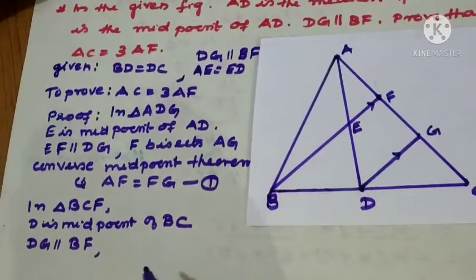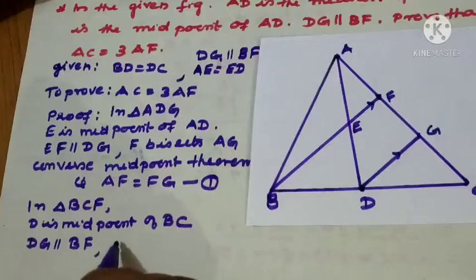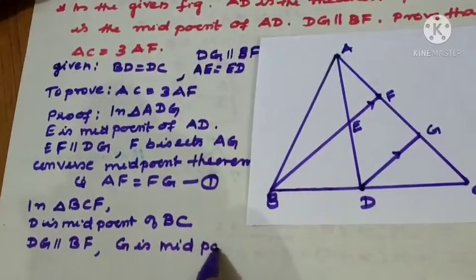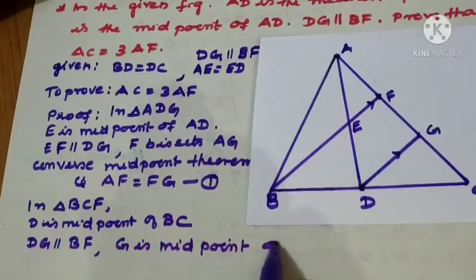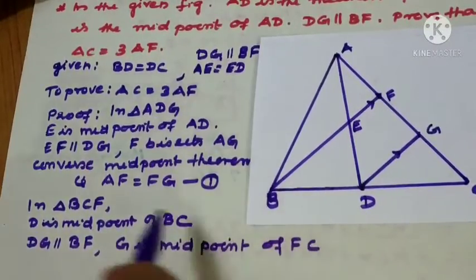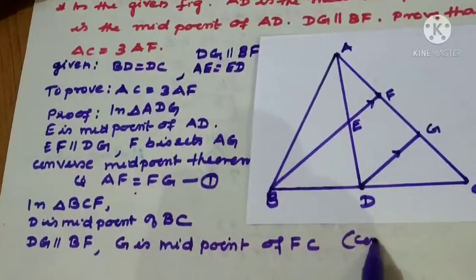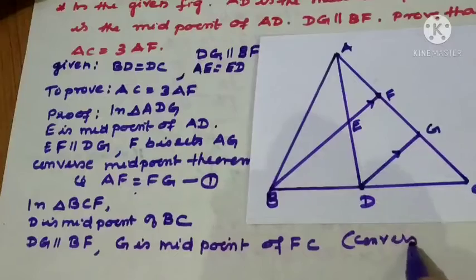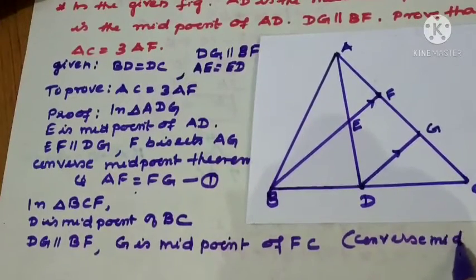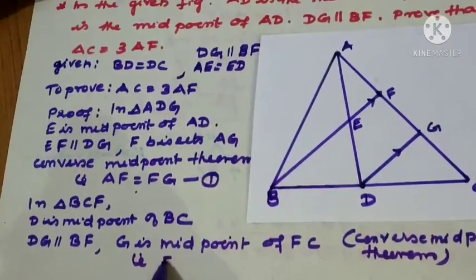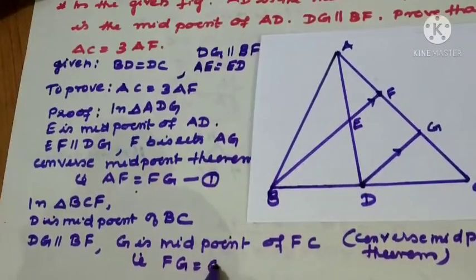Therefore, G is the midpoint of FC. Same reason, converse of the midpoint theorem. That is FG equal to GC.